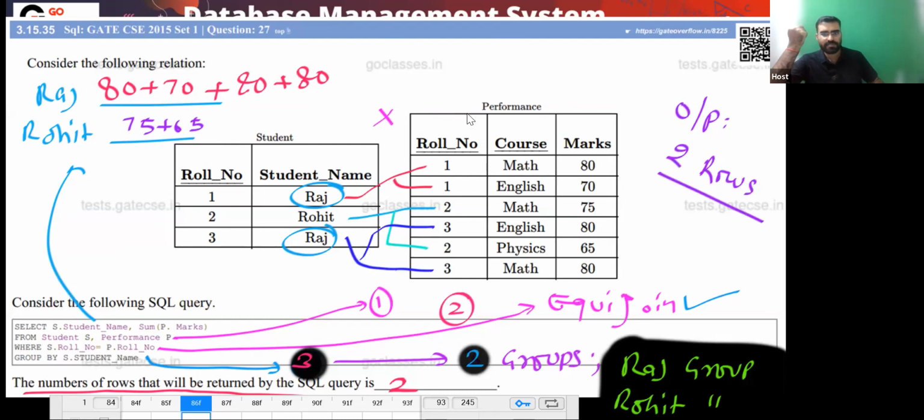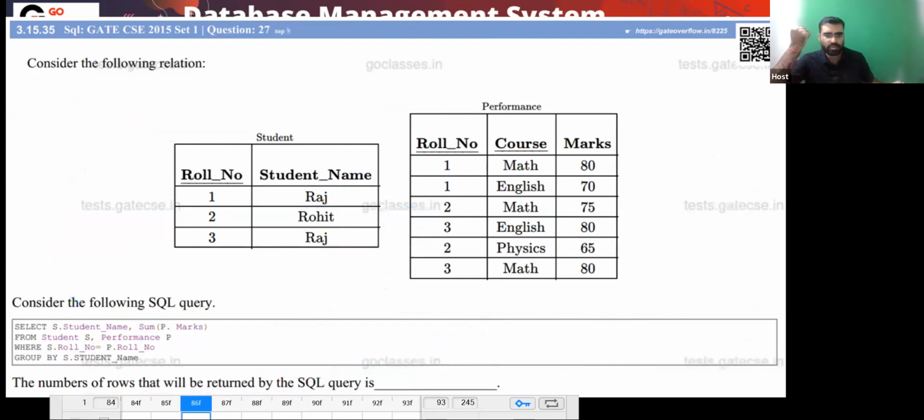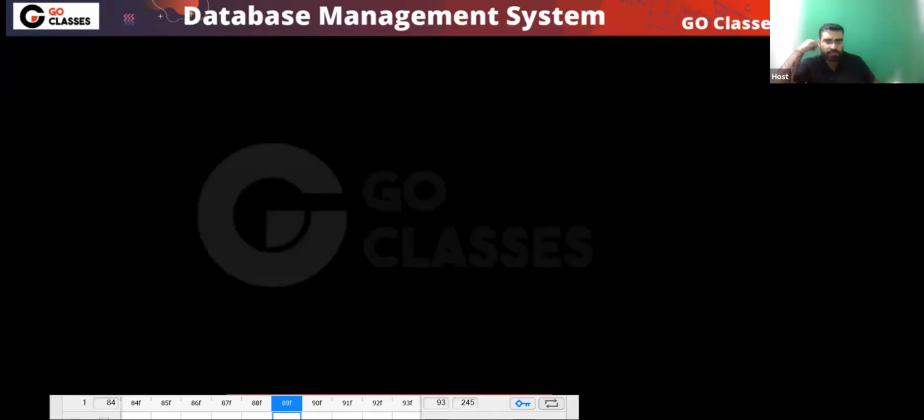Actually, just wait. This question doesn't need any analysis. I told you about this type of question, where you have group by without having. This is your group by, and the question is asking the number of rows.